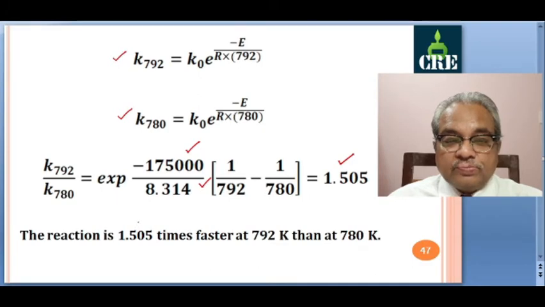So the reaction at 792 is 1.505 times faster than at 780 Kelvin.